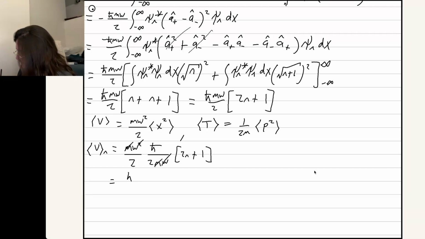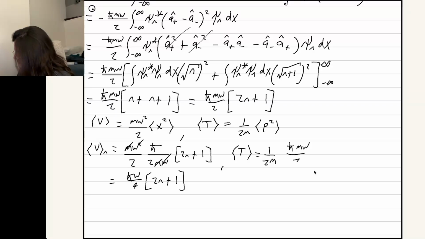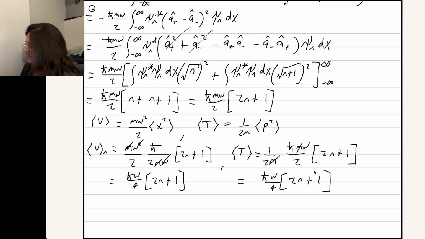We'll have h bar omega over 4 times 2n plus 1. Similarly, for the kinetic, we'll have 1 over 2m times h bar m omega over 2 times 2n plus 1. The m's cancel out, so you get h bar omega over 4 times 2n plus 1. They're the same, and that is normal.